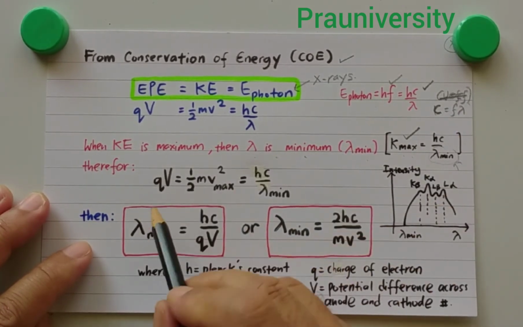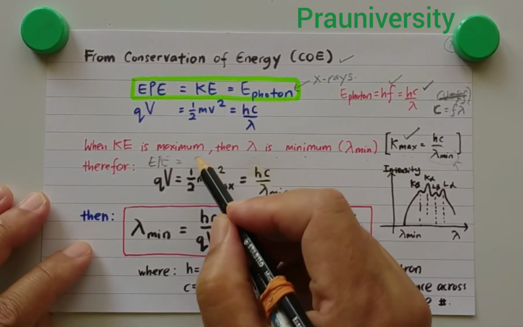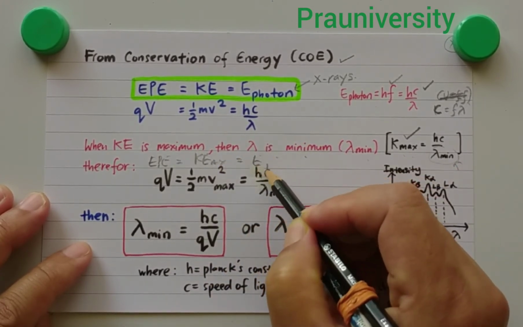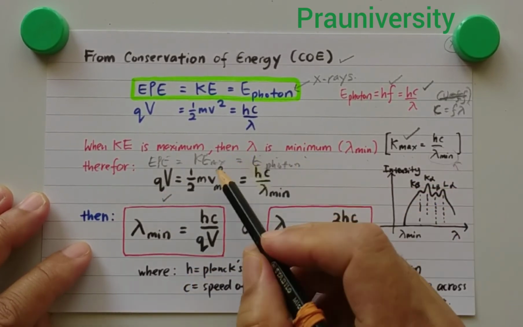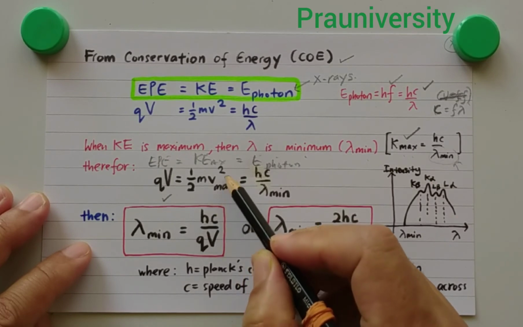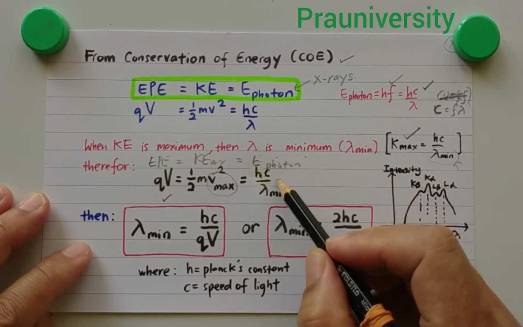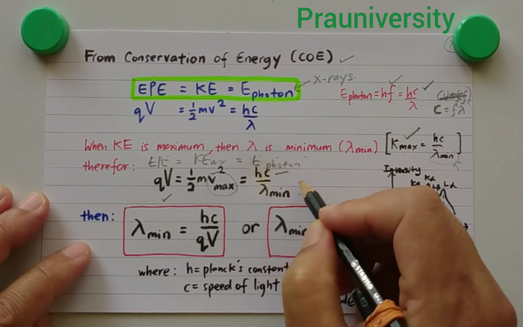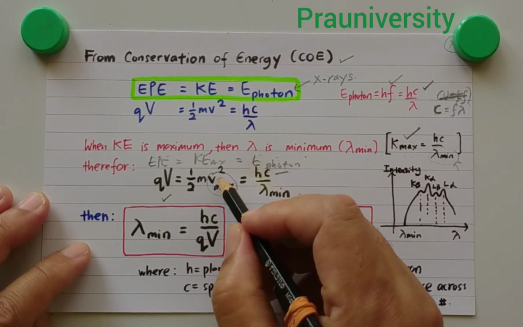Therefore we can write QV, electrical potential energy, is equal to the maximum kinetic energy, and then is equal to the E photon. So we can write QV equals half mv power of 2, v is maximum, then is equal to hc over lambda min. c is the speed of light, because this one is focused on the photon. v is the speed, this one is focused on the speed of the electron.